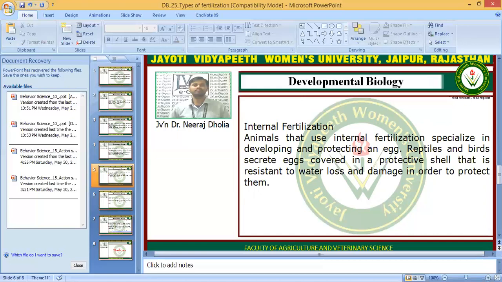This is the inbuilt protection of the animals which have internal fertilization, the eggshell. The eggshell protects the developing embryo from adverse conditions like water loss, external mechanical damage, infections, etc.